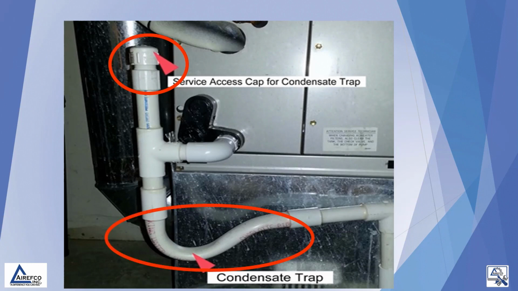These shallow running traps that are sold by most parts departments are not deep enough to overcome the positive pressure that we just talked about in the blower section. And these kinds of traps will allow the coil or the furnace to hold the condensate in the system and not let it flow out of the furnace or the coil to drain to the outside.